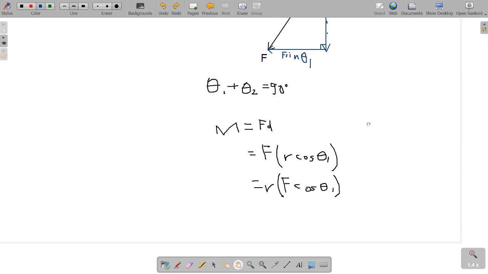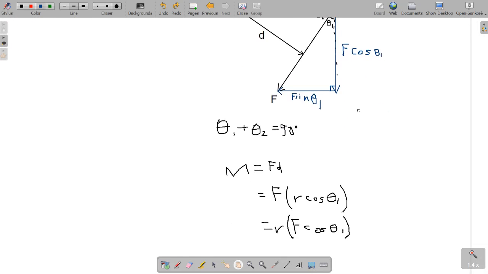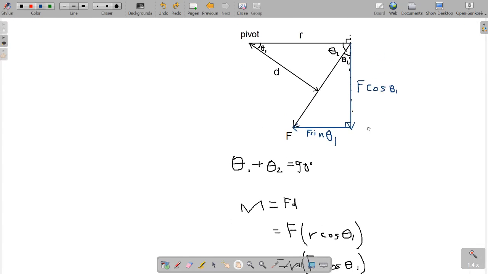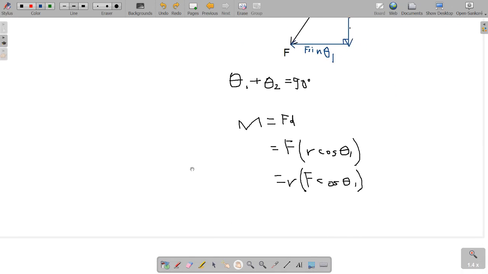So now is when the part about rotational kinematics comes in. The thing about moments is that I'll use torque.